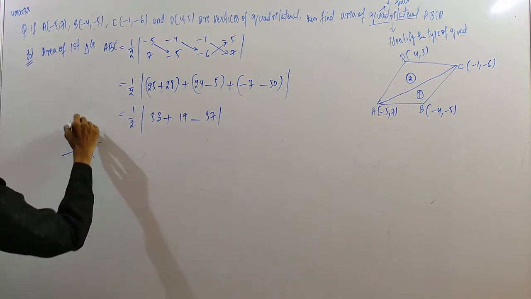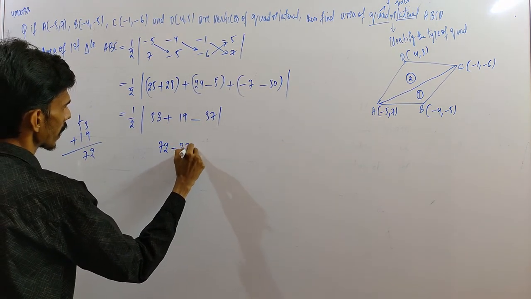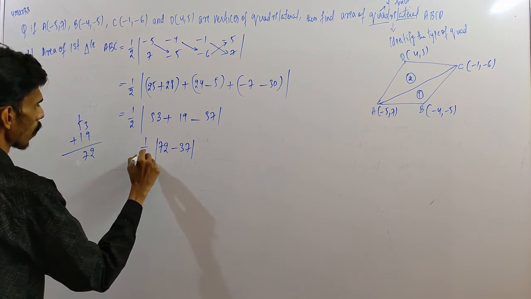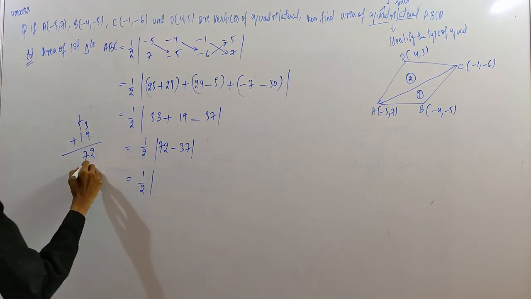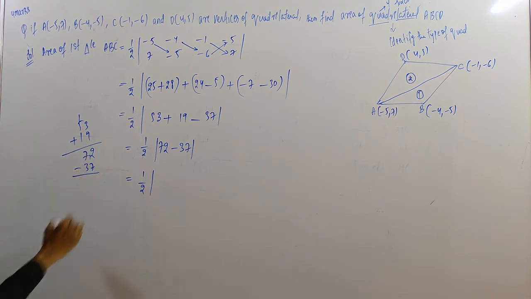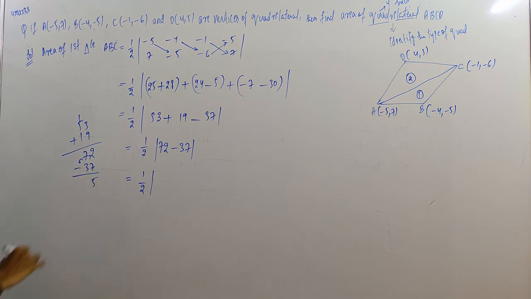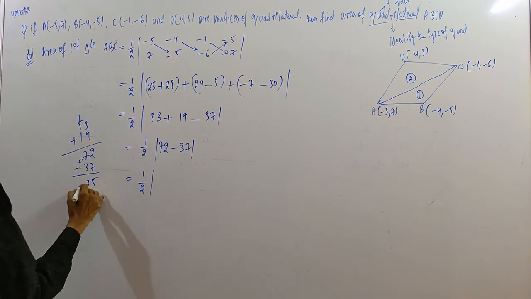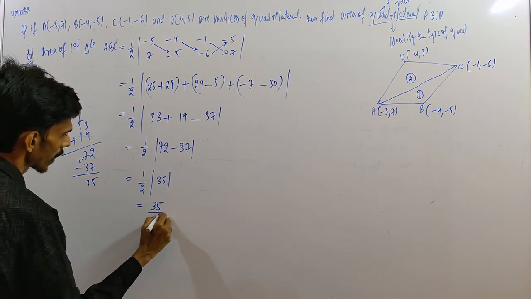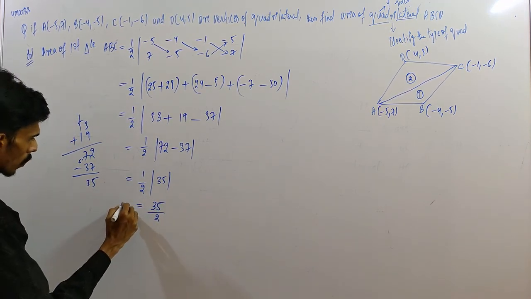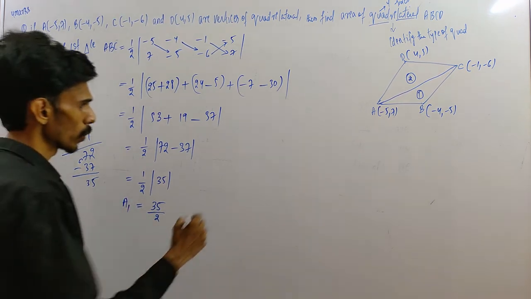We have 72, minus 37. We have 1/2 mod 72 minus 37. We have 35. So we will get 35 divided by 2. Area 1, A1.